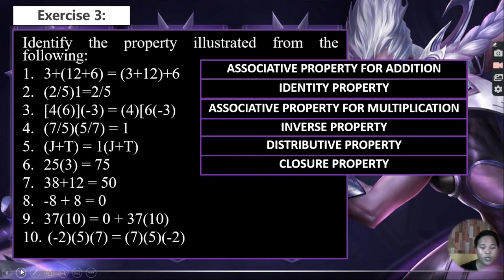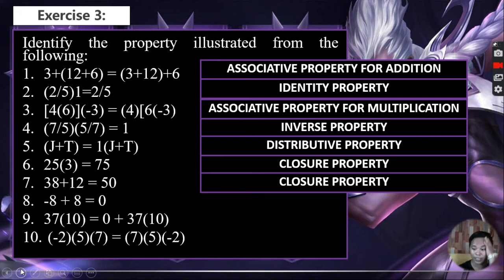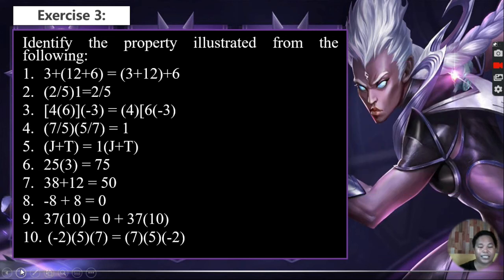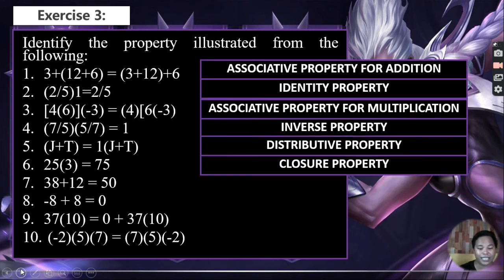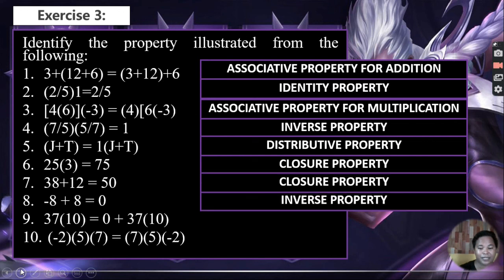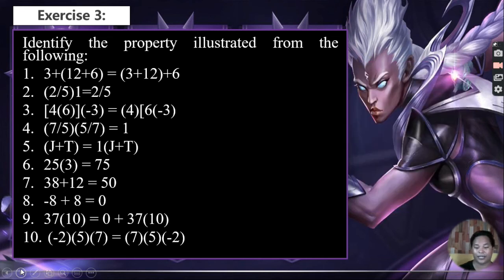Number 7, we have 38 plus 12 is equal to 50, which is an example of closure property also. How about number 8? Negative 8 plus 8 is equal to 0. So this is inverse property, since negative 8 is the additive inverse of 8 and the sum is 0.